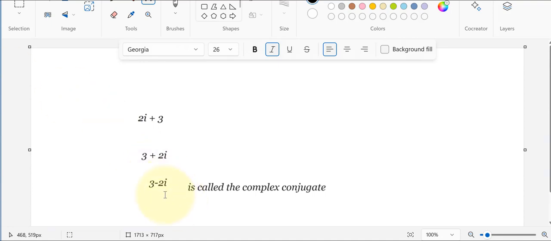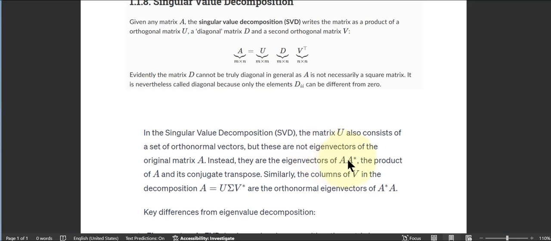But also remember that if you just have a regular real number 3, and you ask what's the complex conjugate of that, it's the same. The complex conjugate of 3 is 3. So here they're saying A star is the conjugate transpose.